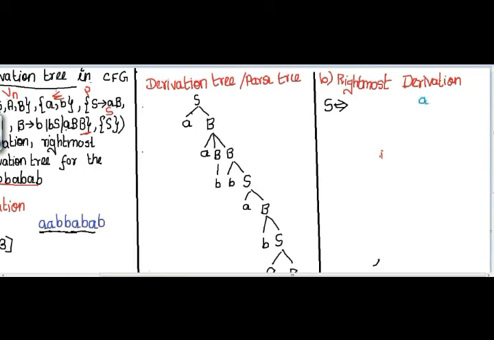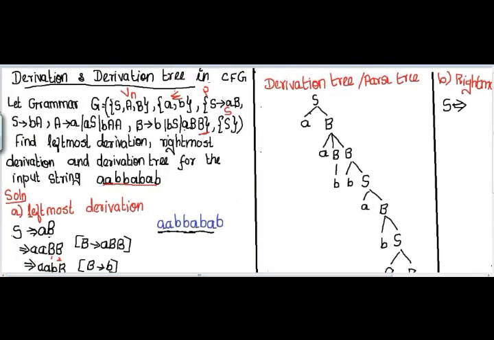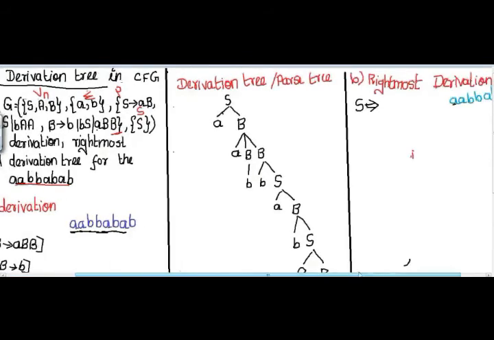So A, B, B, A, B, A, B. I have to see the first character here. It is A. So I'm going to check if there is any S production that starts with A. I have two S productions, of which the first one starts with A. So I'm going to choose that, S tends to AB.